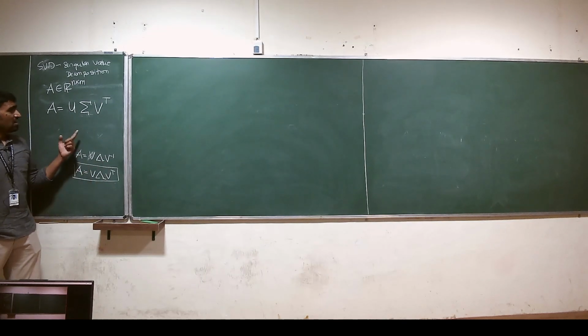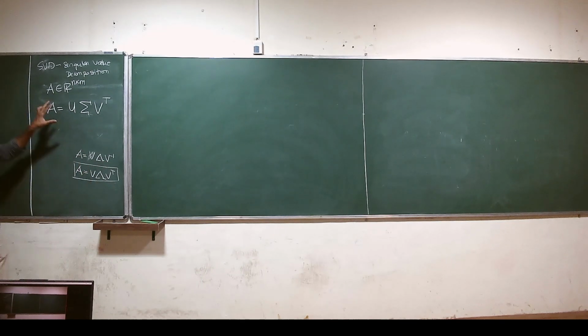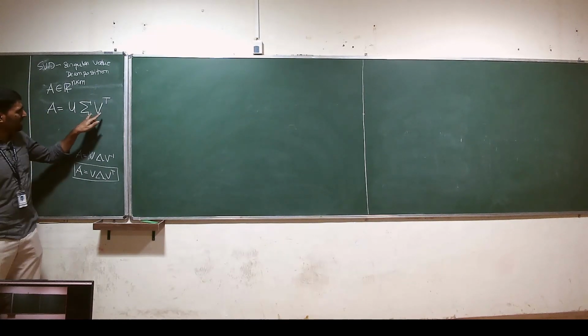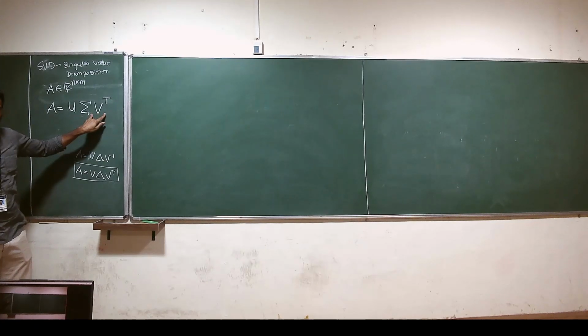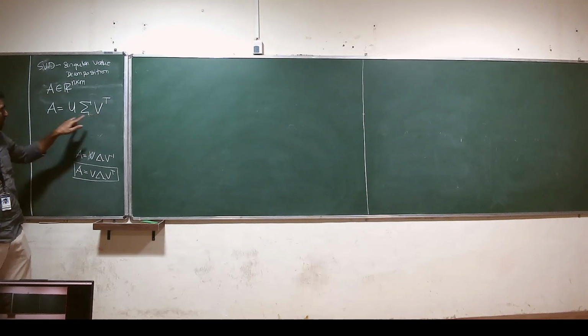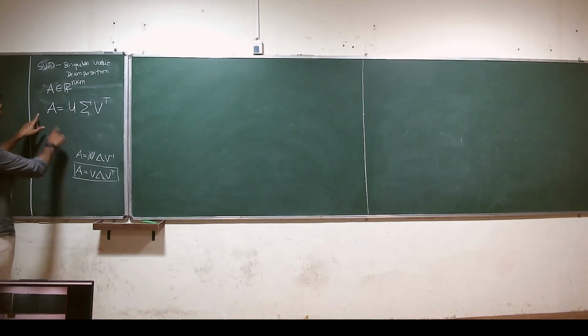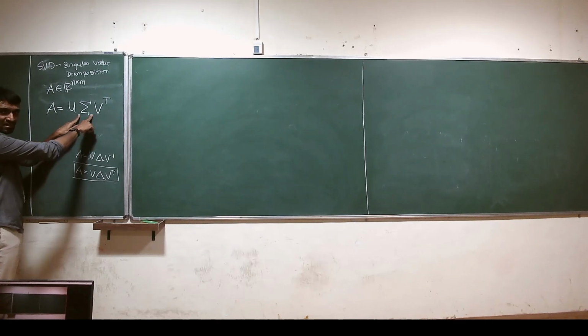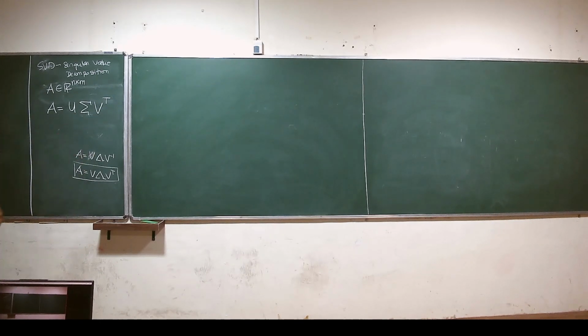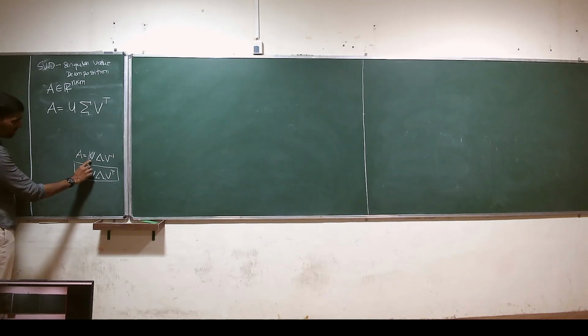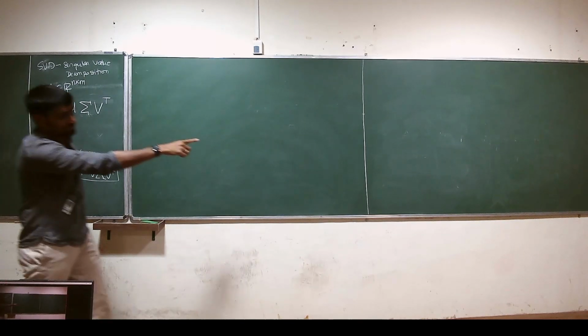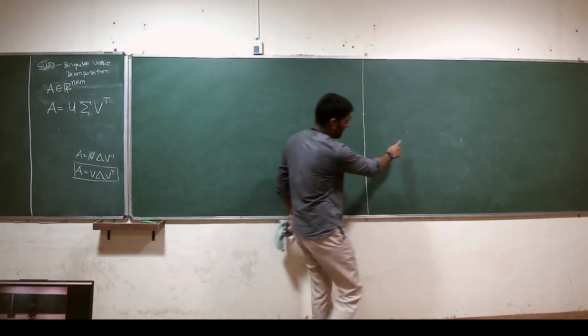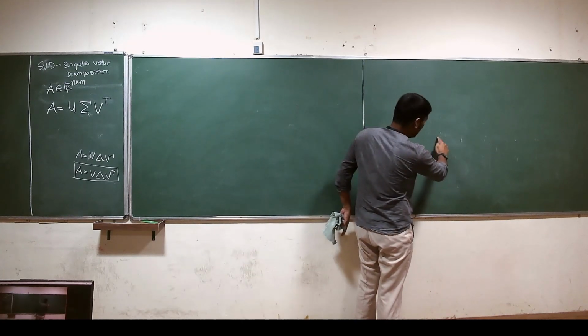Another great thing about the singular value decomposition is for any matrix A, there is an orthonormal basis for the input space and an orthonormal basis for the output space, in which A looks like a diagonal matrix. So here you remember the expression for the equivalent transformation, A equals U B V inverse.